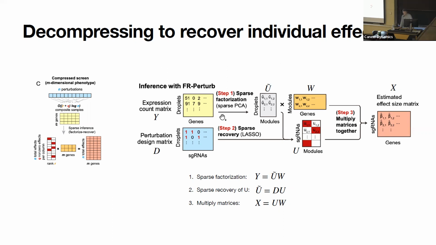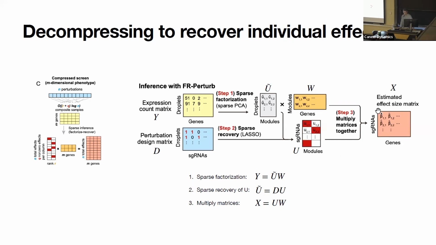Now we do this sparse recovery, where we take the left matrix, U tilde, and we have this matrix D, which is which perturbations were present in every droplet. We just do basically a sparse regression to recover this matrix U, which is, for every perturbation, the effect of that perturbation on each one of these latent modules.